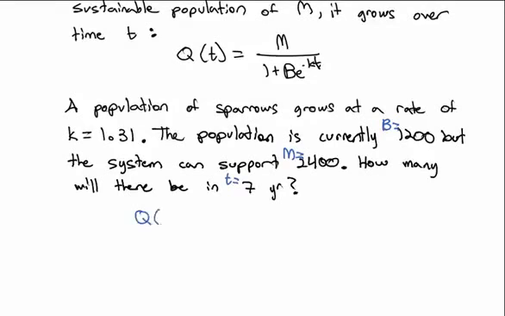So Q of t, Q of 7 is going to equal the maximum, 2,400, divided by 1 plus the beginning, 1,200, e to the negative k, 1.31 times t, which is 7.